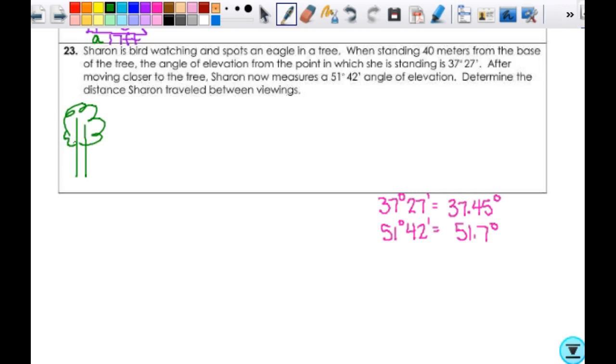And when she's standing 40 meters from the base, the angle of elevation to the point at which she is standing, this right here, is 37.45 degrees. Then she's going to move closer. Now her angle of elevation is 51.7 degrees.